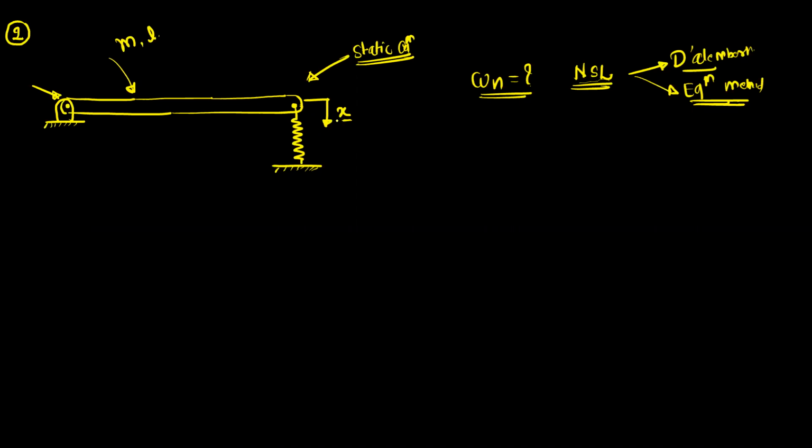When we provide this x displacement, the displaced position will be like this. This dotted line represents the static equilibrium position. This is the pivot point. This complete rod will rotate about this pivot point as the free end undergoes the linear displacement x.